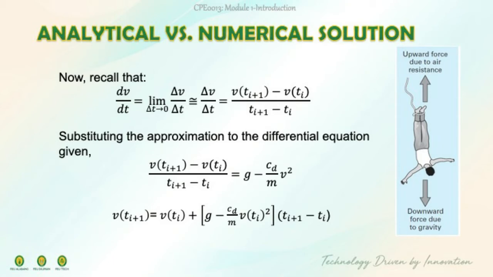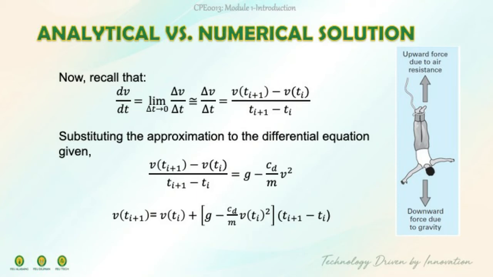Notice that the term in brackets is the right hand side of our differential equation. So we can now see that the differential equation has been transformed into an equation that can be used to determine the velocity algebraically at t_i+1, using this slope and the previous values of v and t.